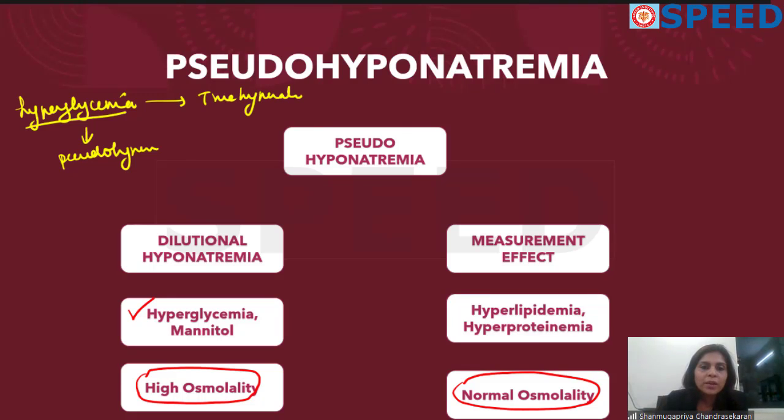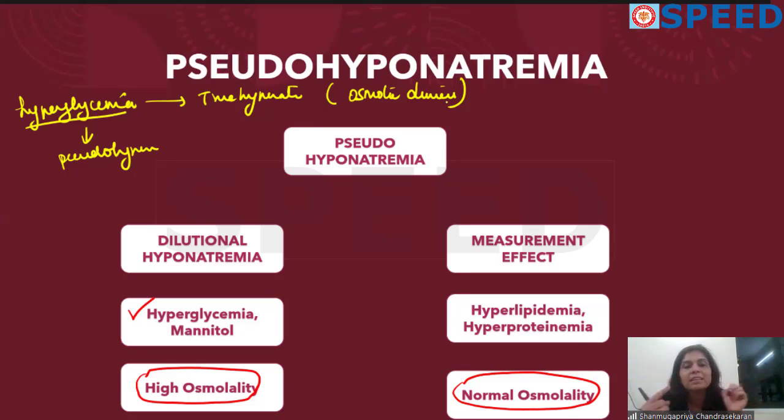Why will it cause true hyponatremia? Whenever hyperglycemia causes osmotic diuresis, along with water, sodium also gets lost, in which case it's true hyponatremia. So please don't think, I've estimated sodium level, it is low, and it is accompanied by high glucose, which means it's only pseudo-hyponatremia.